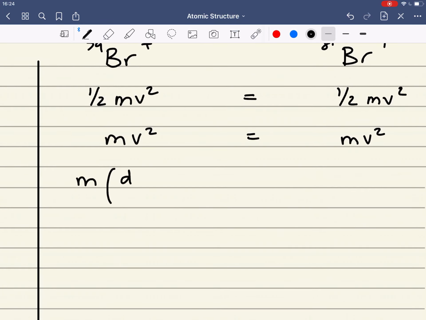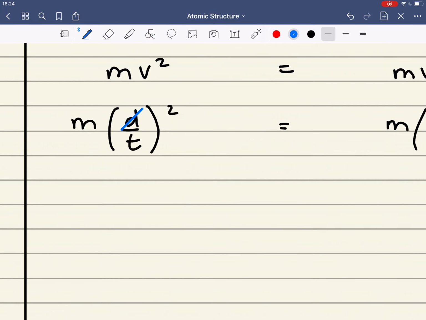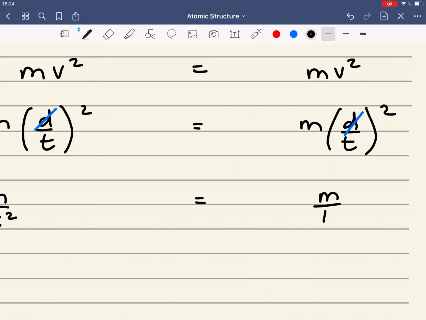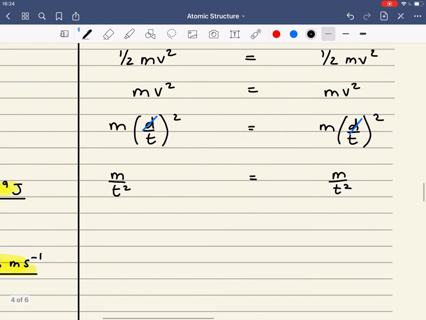That gives me the following. Now, the distance is a constant, so that can cancel. And that gives me the following, that m over t squared equals m over t squared. Now, this m value here, we can simply use the masses 79 and 81. There's no need for me to convert this into the mass of one ion in kilograms, because whatever I'm doing here, I'm also doing here.